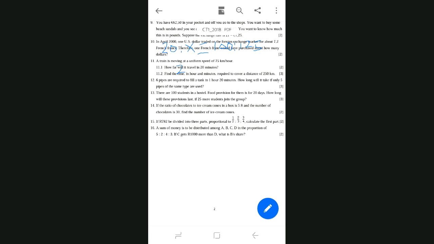So 20 divided by x equals 100 divided by 125. So x will be what?